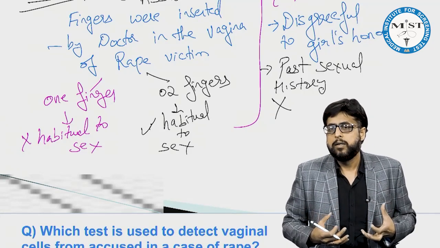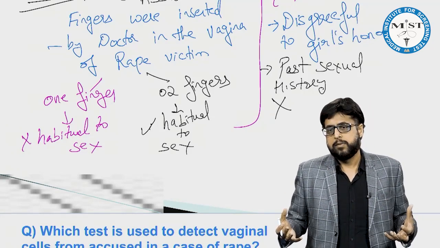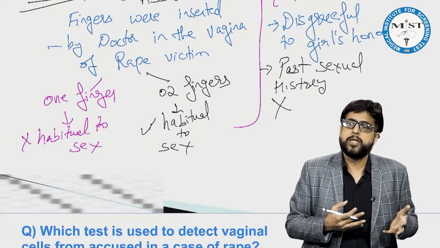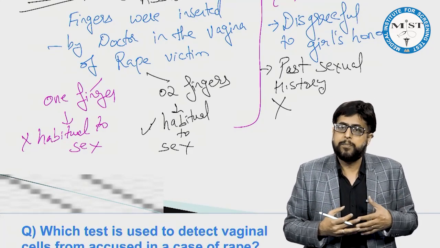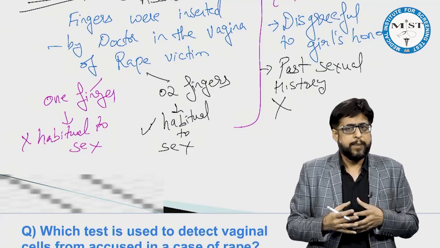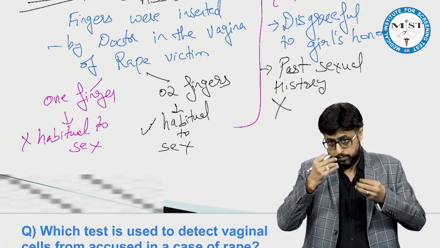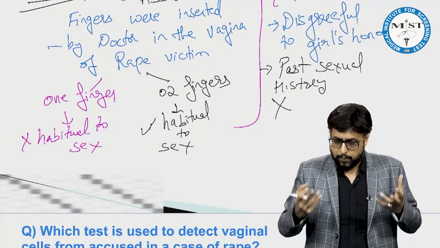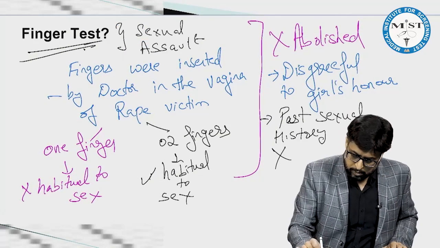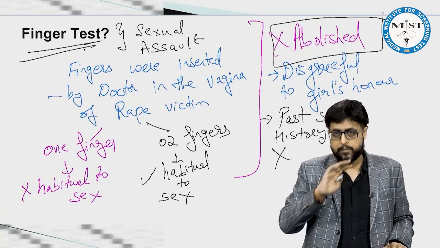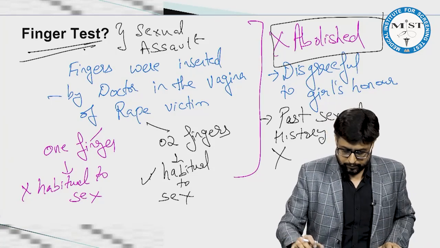The character of a girl does not make any difference. Whether the girl had a past sexual history or not does not make any difference. Even a prostitute can be raped. Because of these reasons, this two-finger test has been abolished.